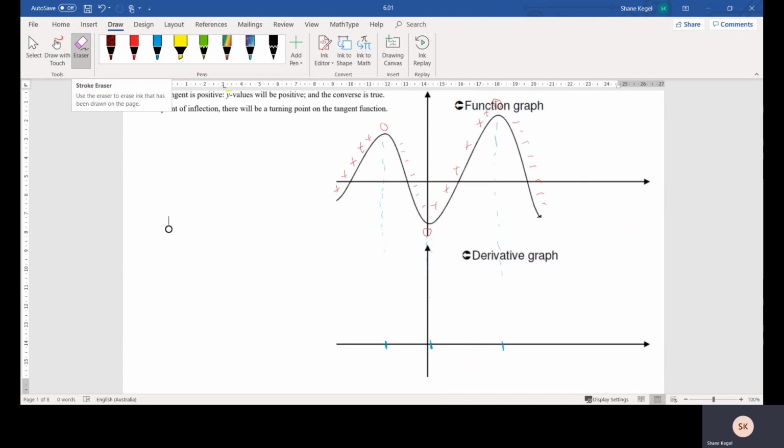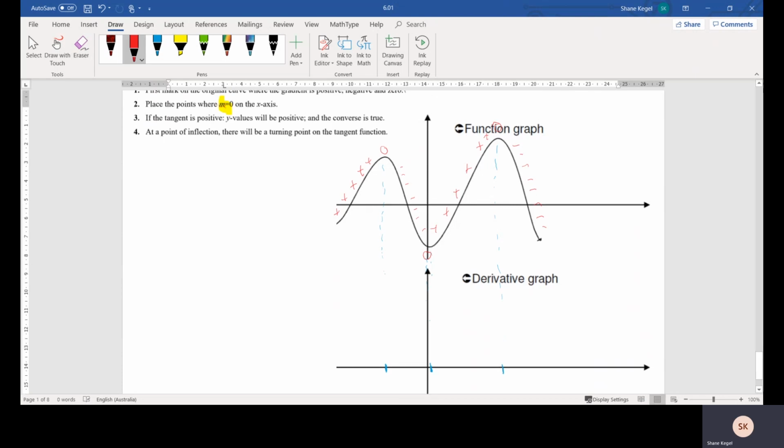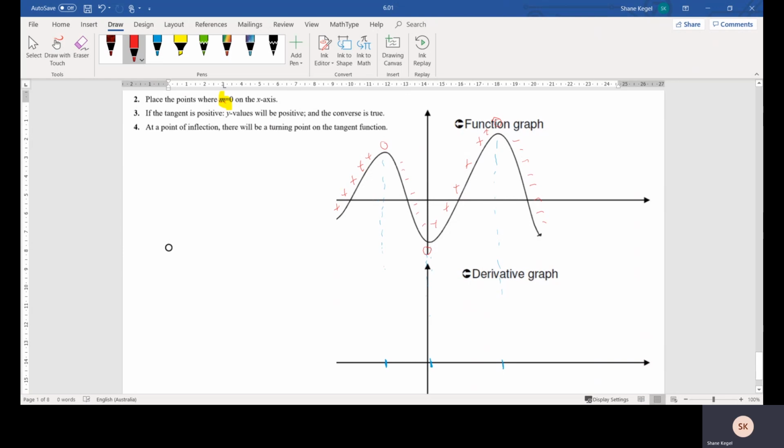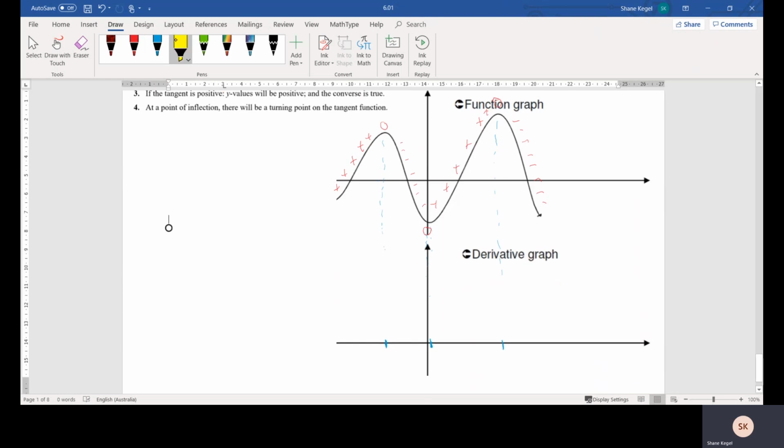I then need to consider that if the tangent is positive, y values will be positive, and the converse is true, or in other words, if it's negative, y values will be negative. So if I have a look at this side of my 0, I can see that my gradient is positive. And remember down here, my y-axis represents gradient. So y has to be positive on the left side of this 0 here. So the graph should look something like this.